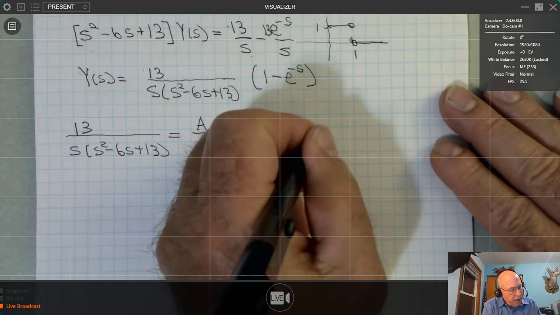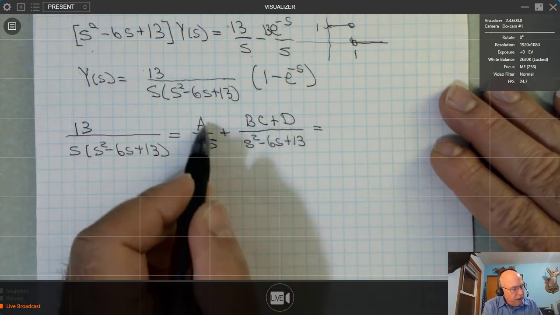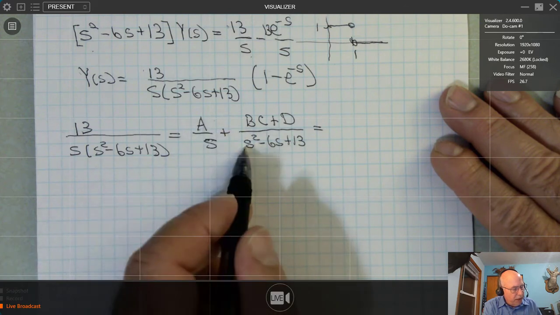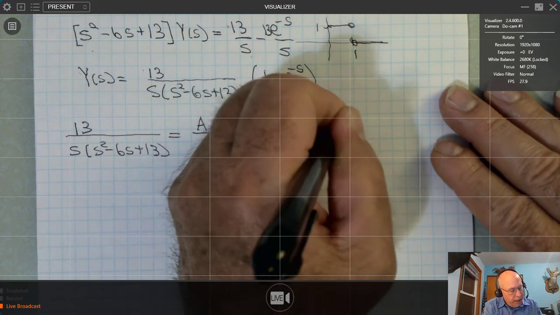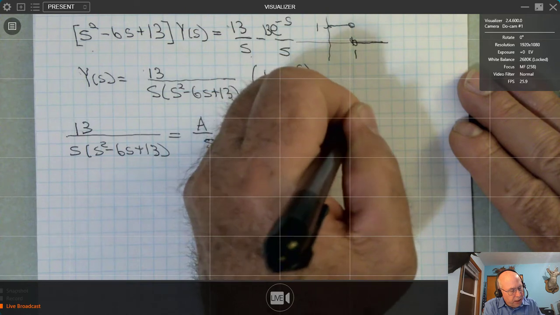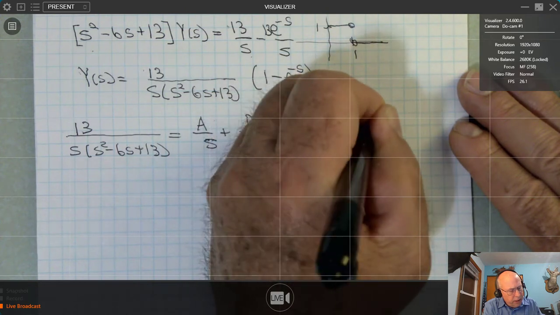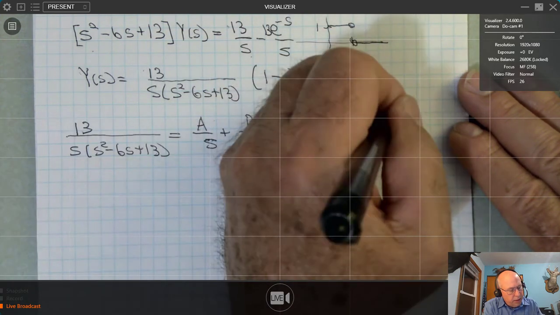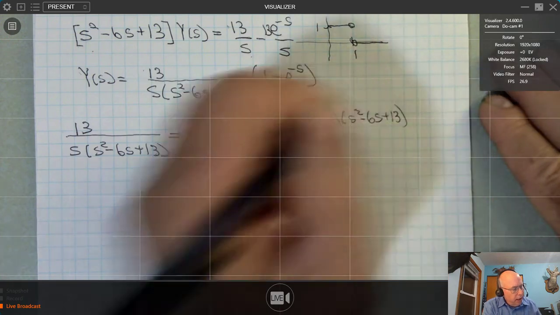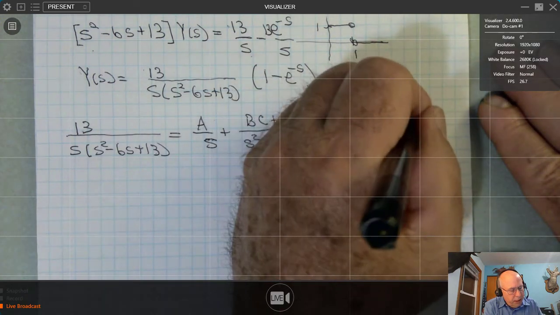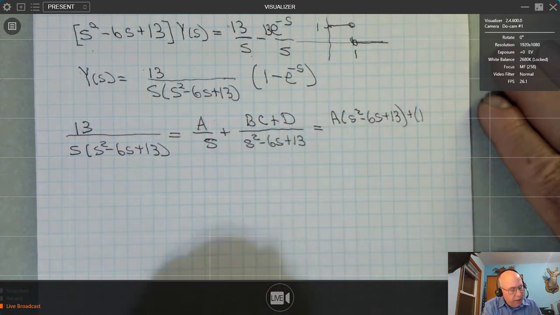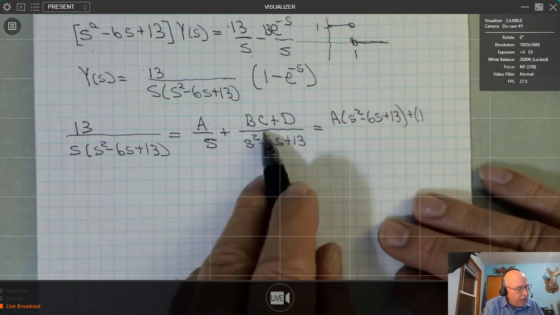Now, when you put these back together, of course, this one you multiply top and bottom by the quadratic, a times s squared minus 6s plus 13, and then plus b, I wrote bc.